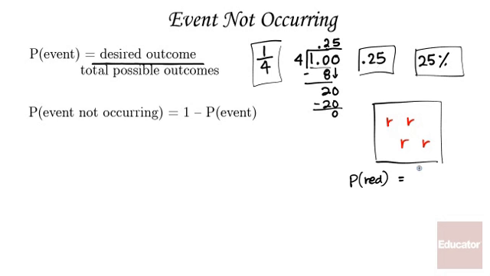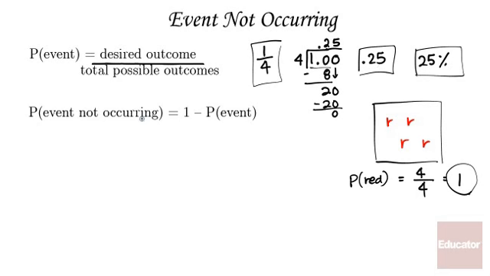I have 4. So my desired outcome is 4 out of, how many total marbles do I have? 4. Well, 4 over 4 simplifies to 1. So 1 represents the whole thing. It represents all of it. Okay, so if the probability of something happening is 1, that means it's a 100% chance that it's going to happen.